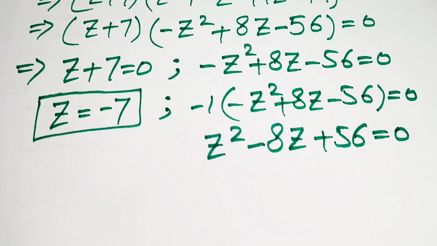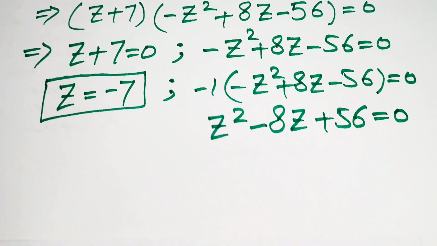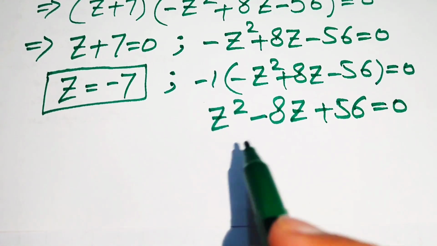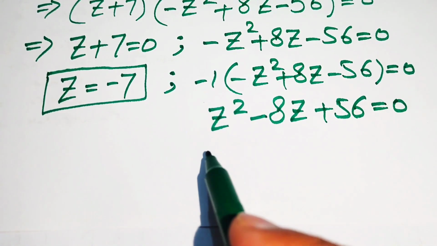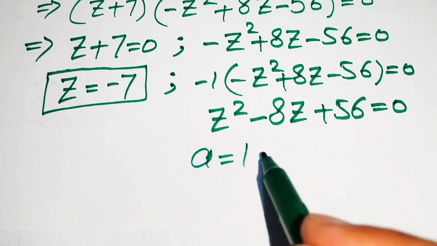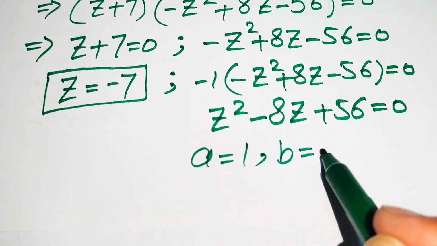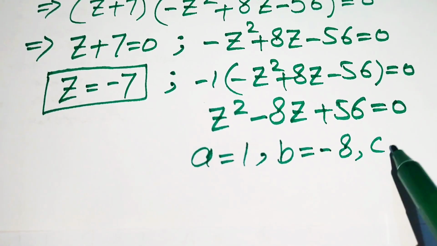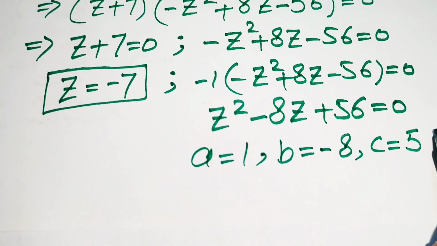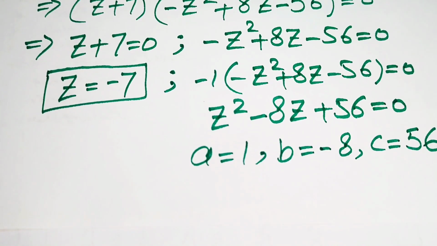So now this is converted into the standard form of quadratic equation, and now we use the quadratic formula in order to solve this equation. So here first we write the coefficients of this equation: a equals to 1, b equals to minus 8, and c equals to plus 56.